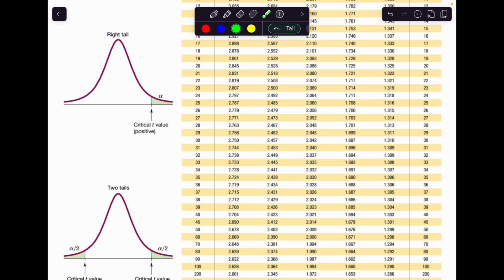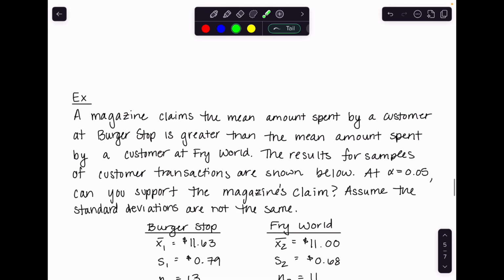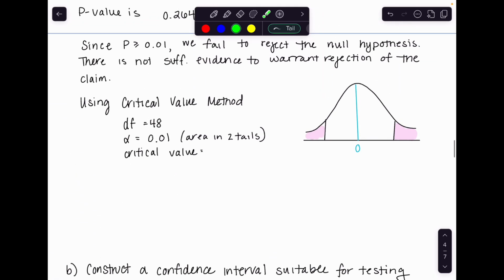We always play it safe and go with the smaller amount. So my critical value is right here at 2.690. Going back up, we need to use row 45 because there is no row 48, and our critical value is 2.690.